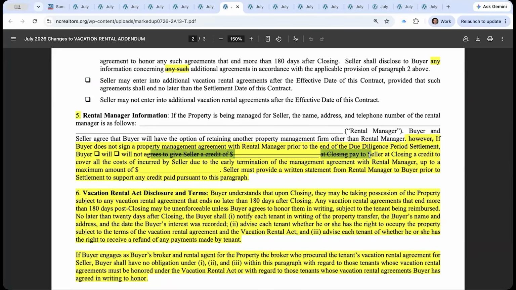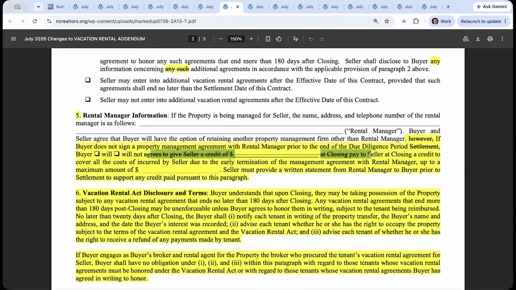Okay. And a lot of times you have to understand, the buyer saying whether they're going to use the seller's property manager is a really big deal because depending on the answer to that, the seller may or may not owe their property manager, sometimes tens of thousands of dollars in fees that the property manager otherwise would have been entitled to, except for the seller selling the property.